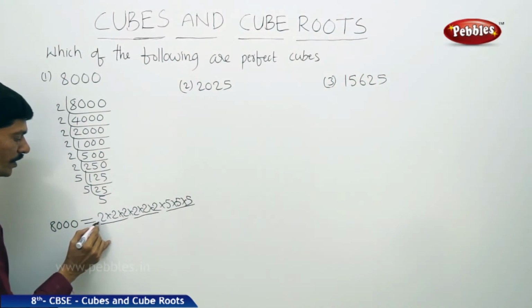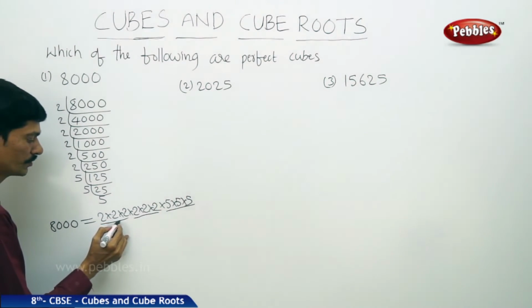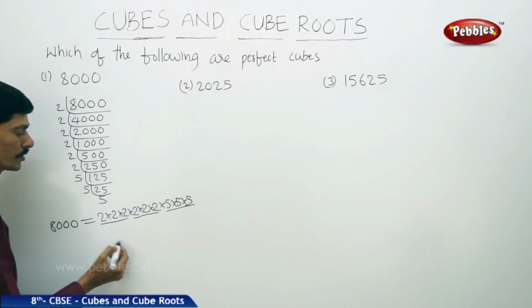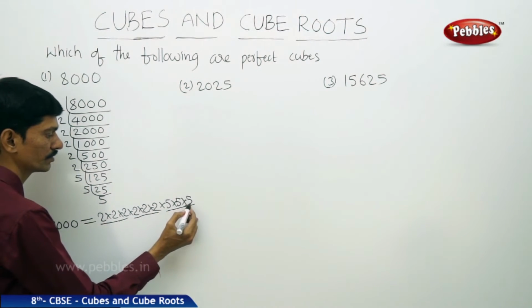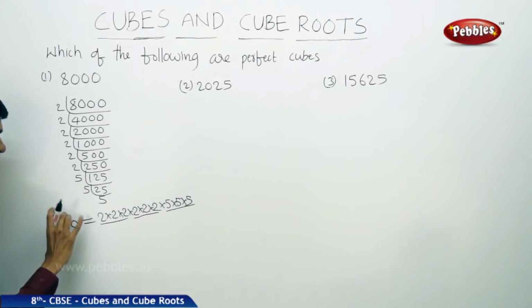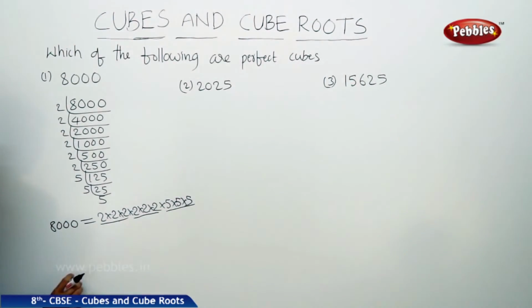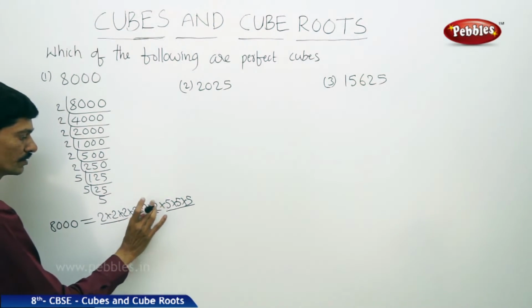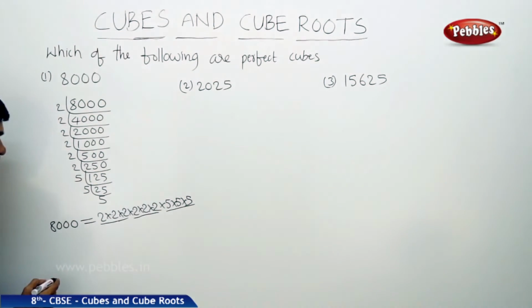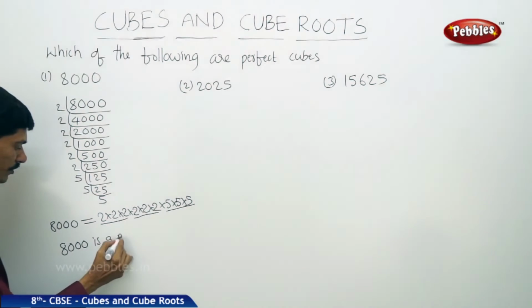The first prime factor 2 appears 3 times and again 3 times, so totally 6 times. And the second prime factor 5 also appears 3 times. So in the prime factorization of 8000, each prime factor is appearing 3 times. So 8000 is a perfect cube.